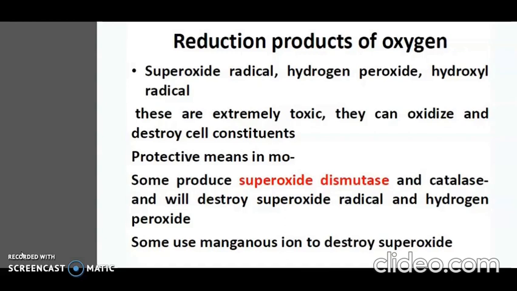Hence, microbes making use of aerobic respiration have enzymes such as superoxide dismutase and catalase, which catalyze the destruction of these harmful reduction products. And some use manganese ion to destroy this superoxide.